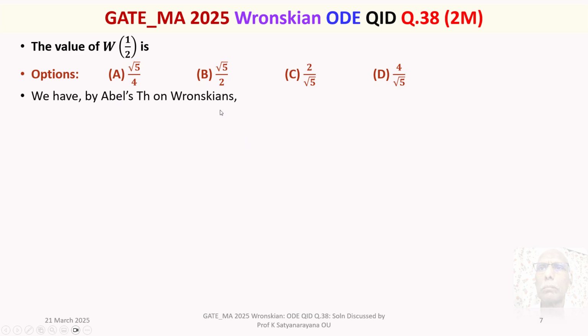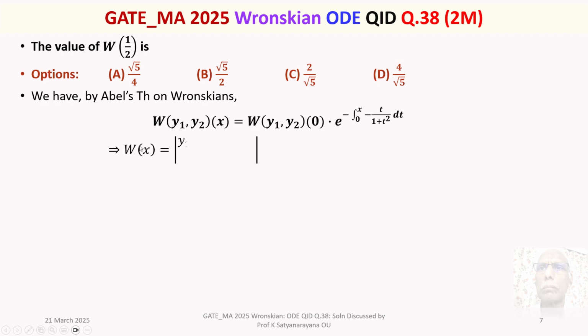By Abel's theorem, brought forward from the last slide, the Wronskian w of x equals the determinant with first row y1 at 0, y2 at 0 and second row y1 prime at 0, y2 prime at 0, multiplied by e to the power of minus, into minus, plus integral from 0 to x of t by 1 plus t square dt.